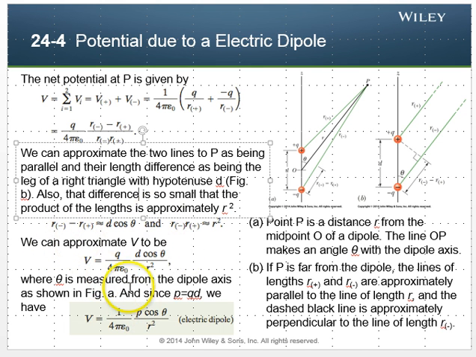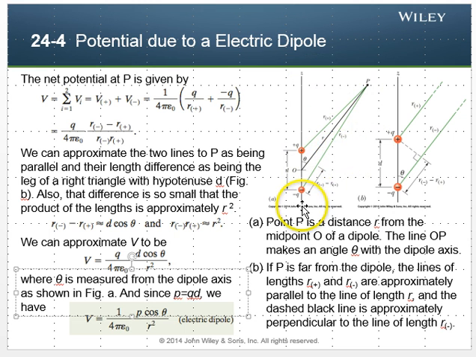So the approximate voltage is q over 4 pi epsilon naught d cosine theta over r squared, where theta is defined by the dipole, right?